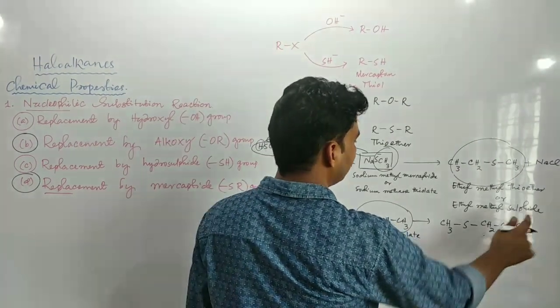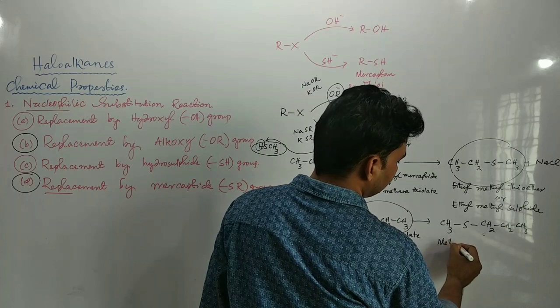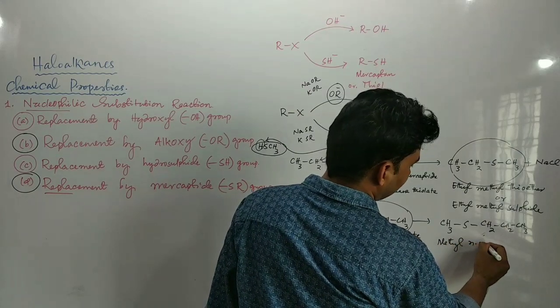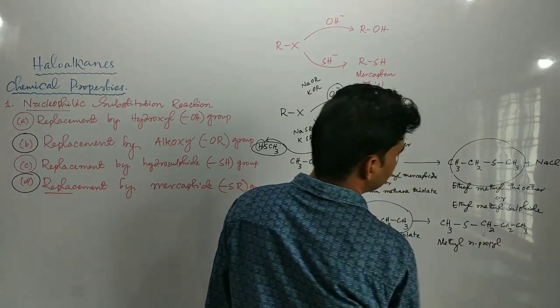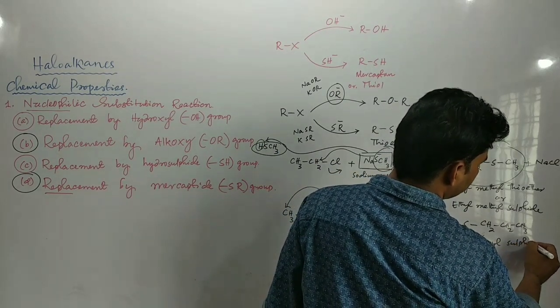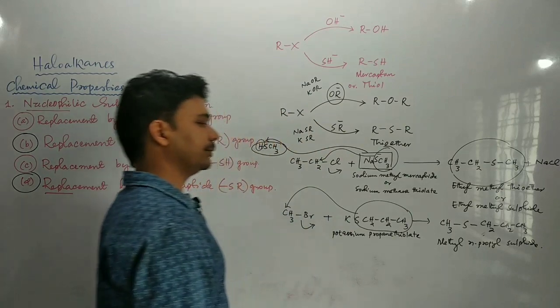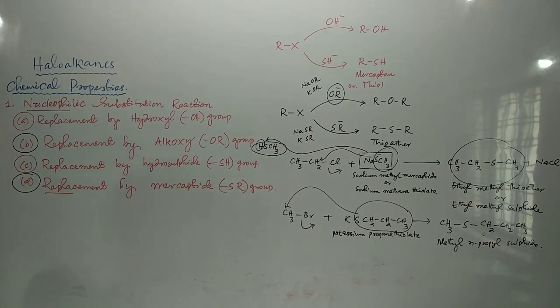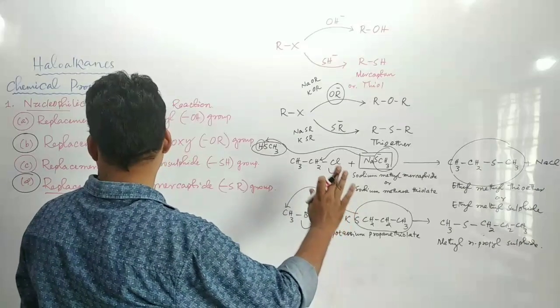Methyl n-propyl thioether or sulfide. Anything can be written. Methyl n-propyl sulfide. So this is your reaction. One thing that is to be noted here, just note this point.